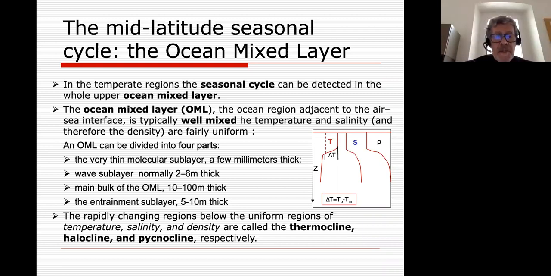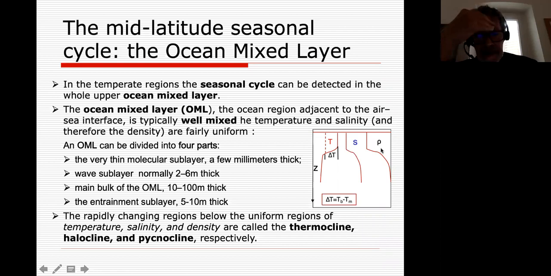Its striking characteristic is the fact that it's very well mixed, and the temperature, salinity and also density are uniform. You can see here in this schematic that temperature, salinity, and therefore the density are more or less constant in the upper layer.